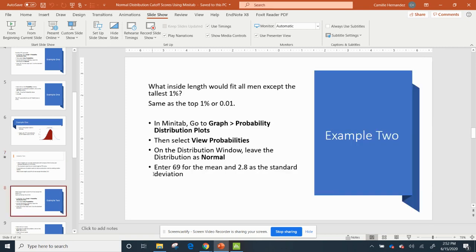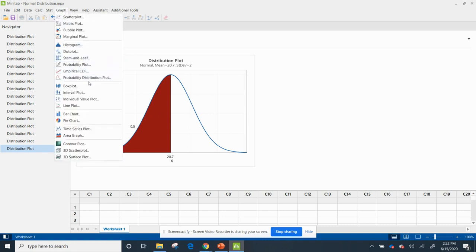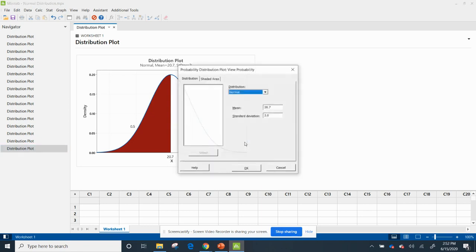So let's go ahead and think about this. The tallest 1% is the same as saying the top 1% are 0.01. Let me show you what I'm going to do, because I said the top, the highest. I don't want this area in the red to go to the left. I want it to go to the right. So I go to Graph, Probability Distribution Plot, hit View Probability.